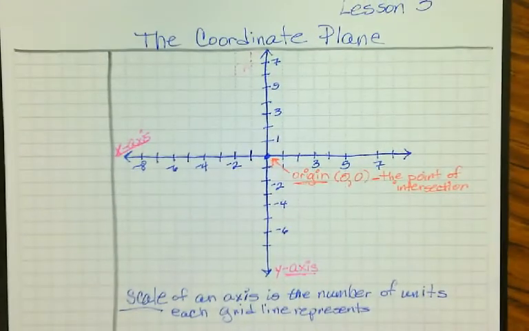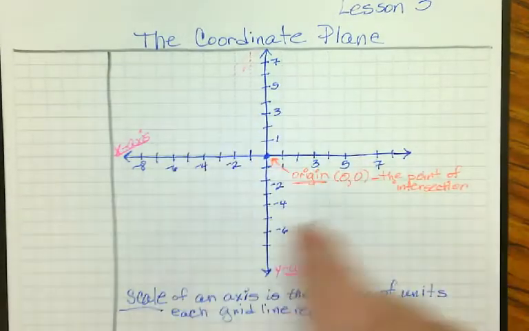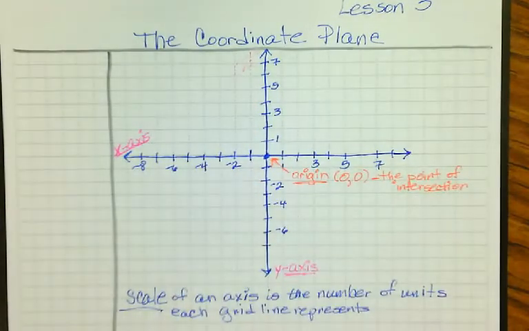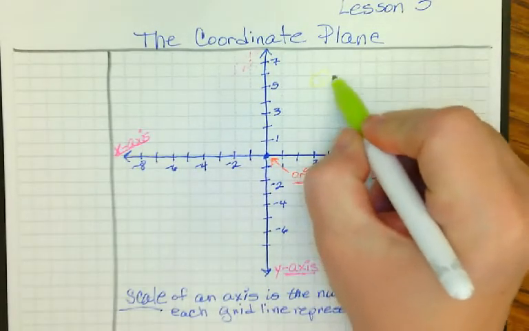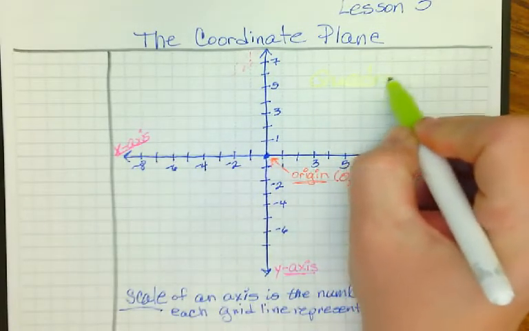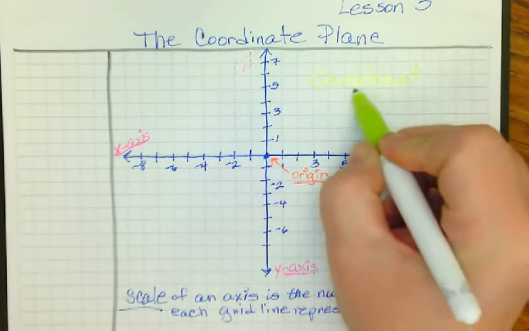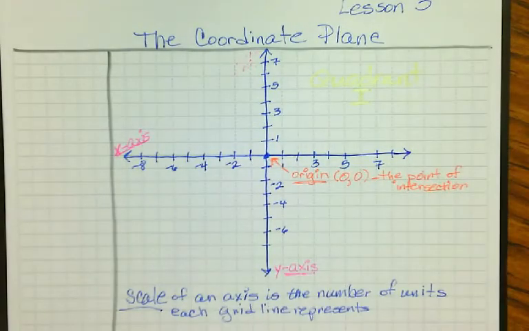The last definitions I want to give you is each of these 4 quarters, they have a specific name. Okay? So, this is known as quadrant 1. Oh, that's not a good color, is it? You can't really see that.